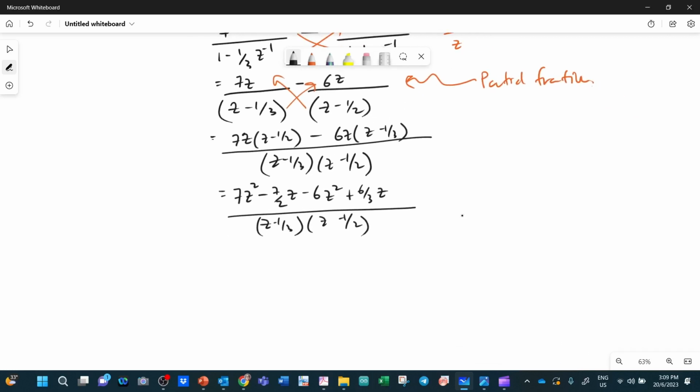Expand this, you get 7z squared minus 7 over 2 z minus 6z squared plus 6 over 3 z. So try to settle this. Okay, so 7z squared minus 6z squared gives z squared.